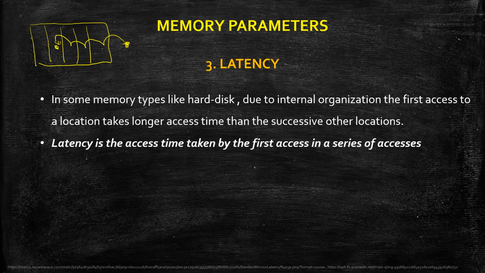This is one type of organization. In the other type of organization, you want to reach over here and right now you are over here, and you can directly jump over here. So latency time depends on the organization or the internal structure of that particular memory. And so the latency is the access time taken by the first access in a series of accesses.